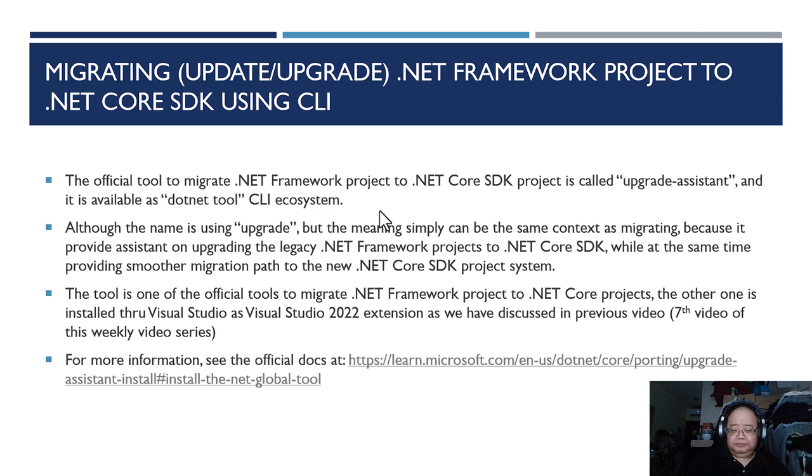Now, the problem is, last week we have seen that the converted or upgraded project still had the Microsoft.CSharp package. And now I'm going to check in this video whether we are going to have the same result or not.